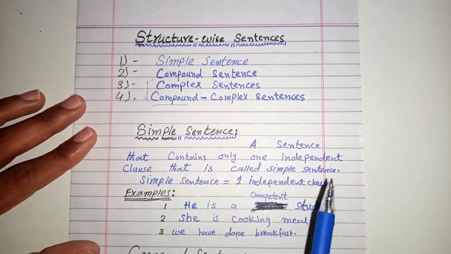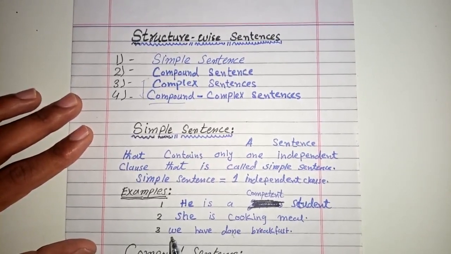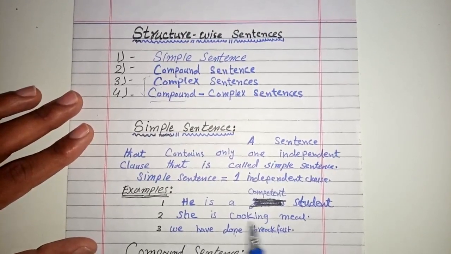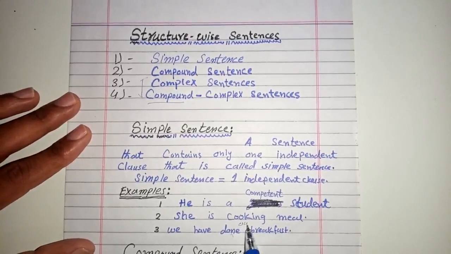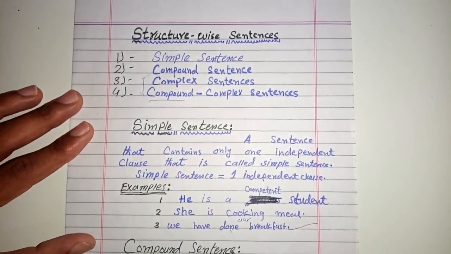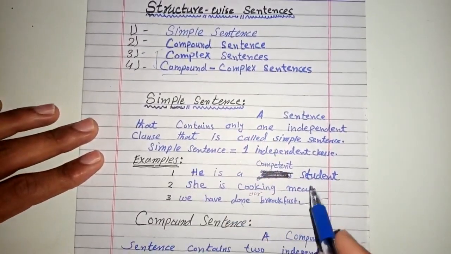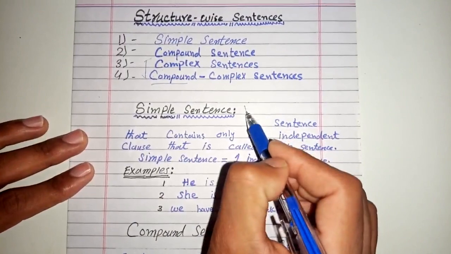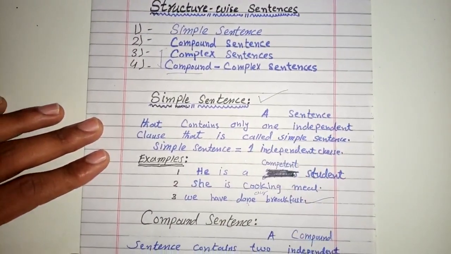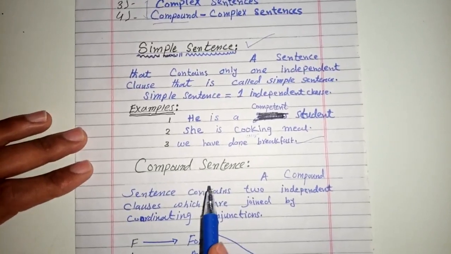There are so many sentences. She has done her breakfast, we have done our breakfast. Sorry, I missed this word, our breakfast. Okay, we have done our breakfast. So all of these are considered simple sentences. Okay, and the next is the compound sentence.